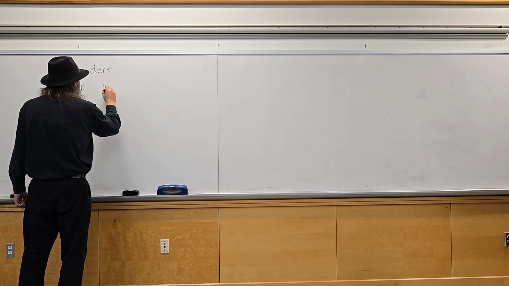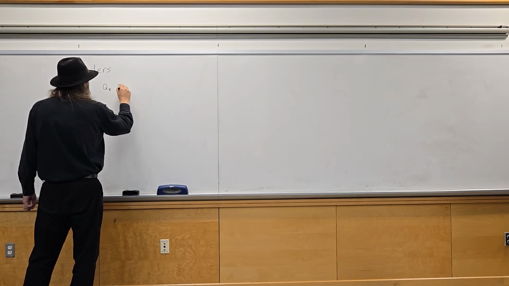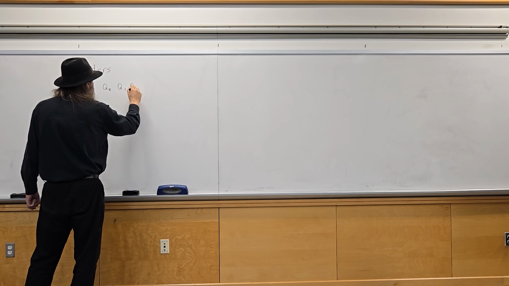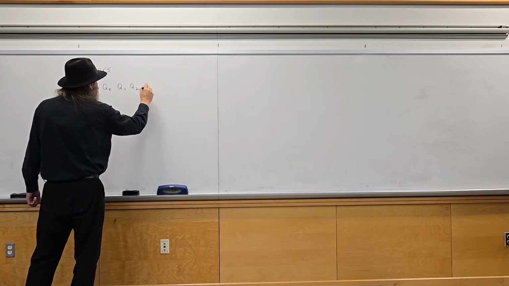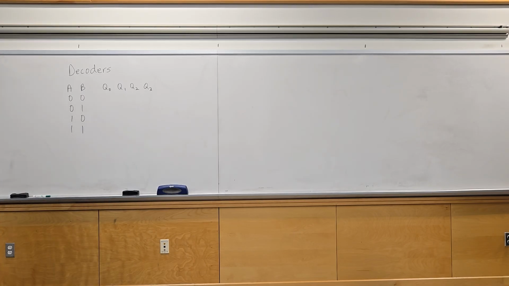So you have Q0, Q1, Q2, Q3. Q is often used to indicate an output because an O for an output can be easily confused for the number 0. So you'll often see Q as an output letter.